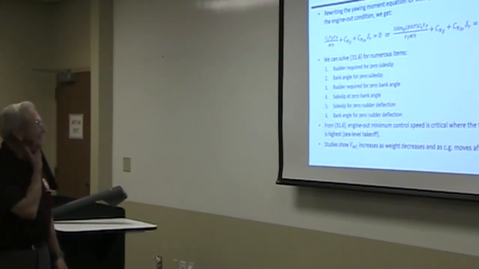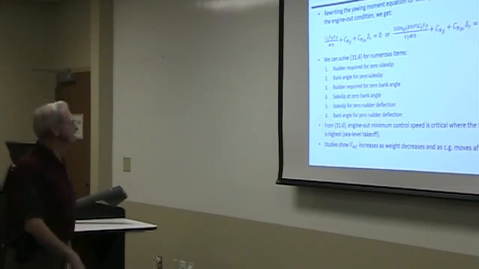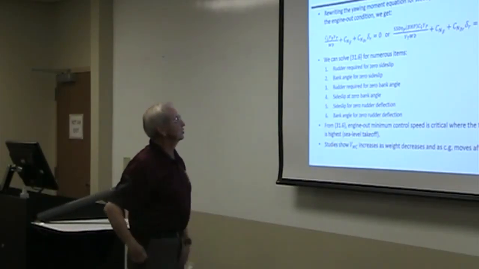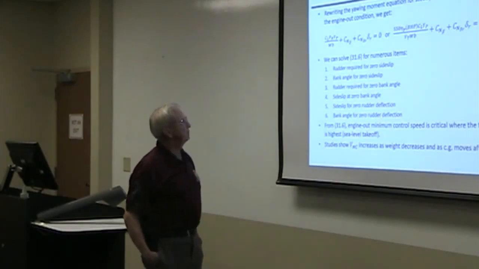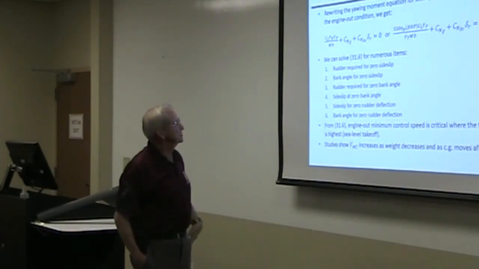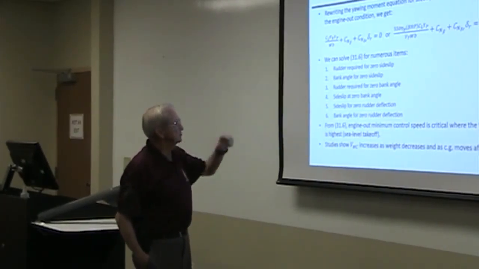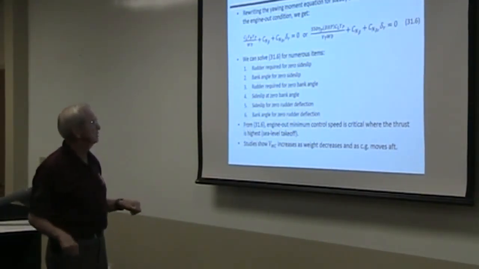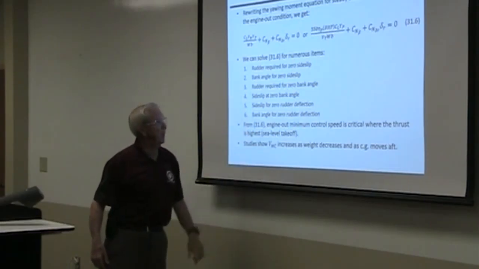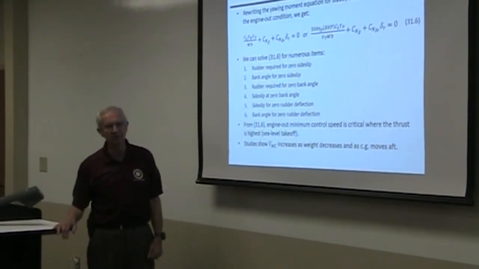But anyway, he came up with some of this stuff, and he took these equations for engine out and solved them for a number of different things. You can solve those equations for the rudder required to have zero sideslip with no bank angle, or you can solve it for the bank angle for zero sideslip.